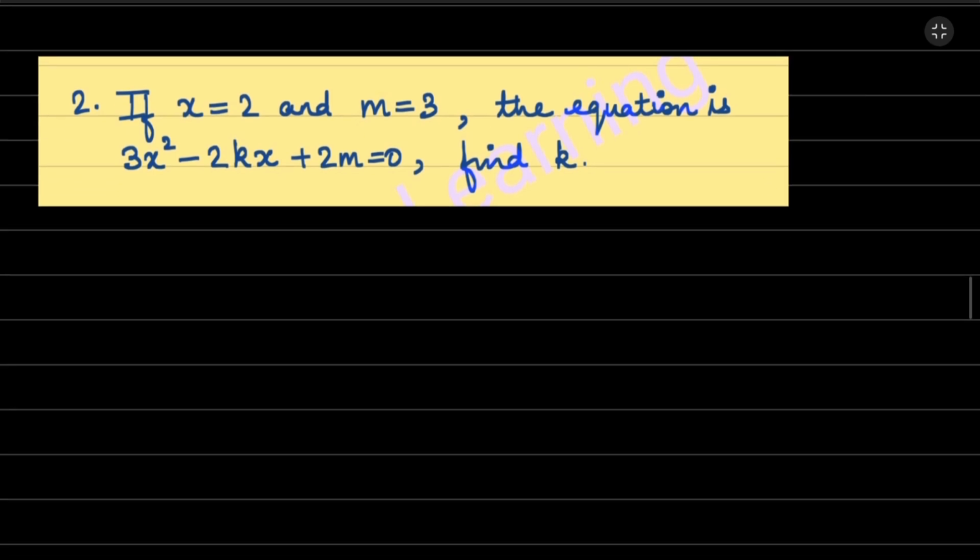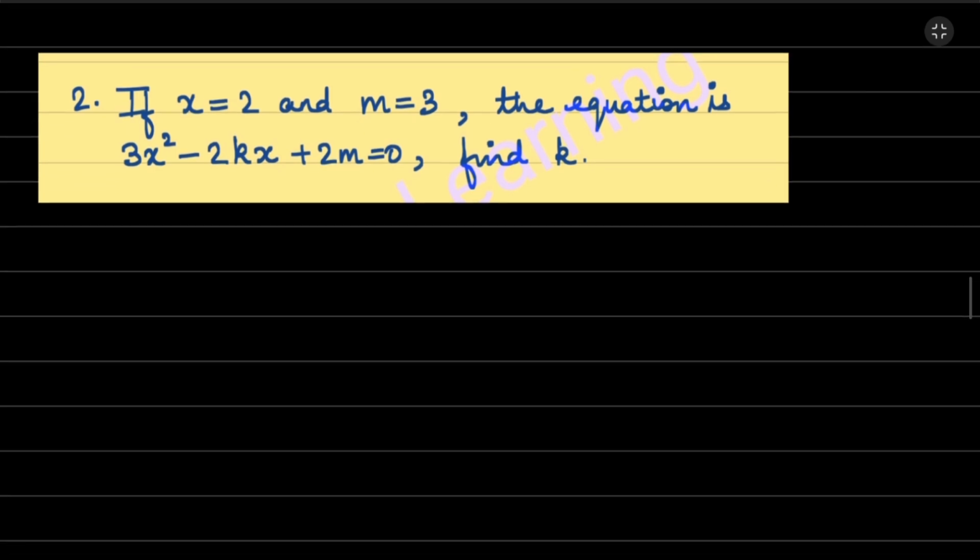If x is equal to 2 and m is equal to 3, the equation is 3x square minus 2kx plus 2m equal to 0. Find k. This is just a substitution method, right? Let's write the equation 3x square minus 2kx plus 2m equal to 0.